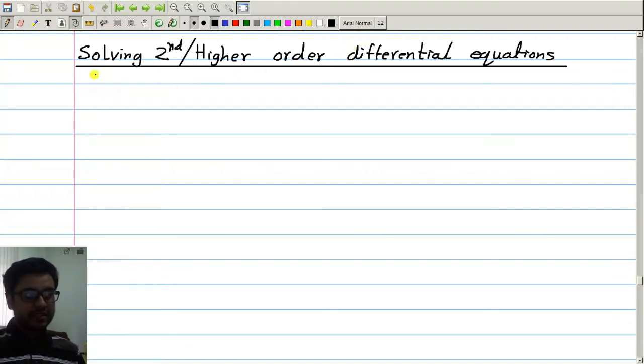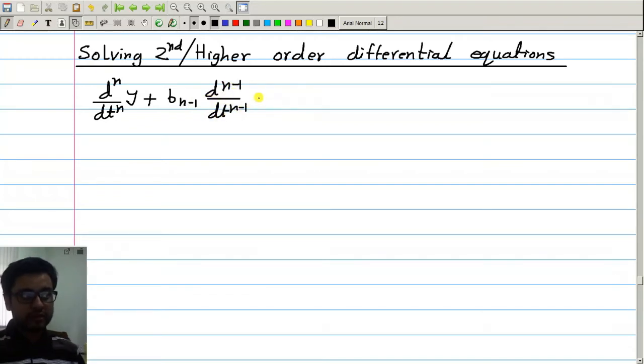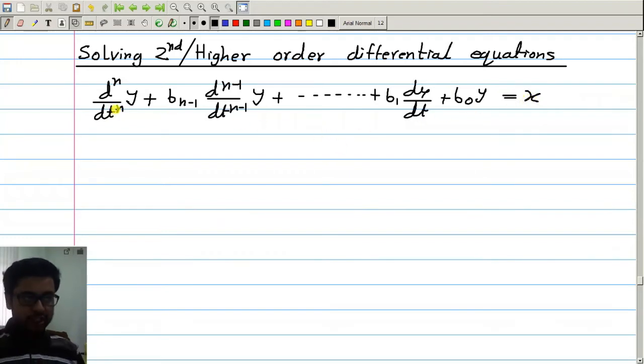So in general, a differential equation of order n will look like this: dn dt n of y plus bn minus 1 dn minus 1 dt n minus 1 y plus dot dot dot b1 dy dt plus b0 y is equal to x, which we can also write in this way.